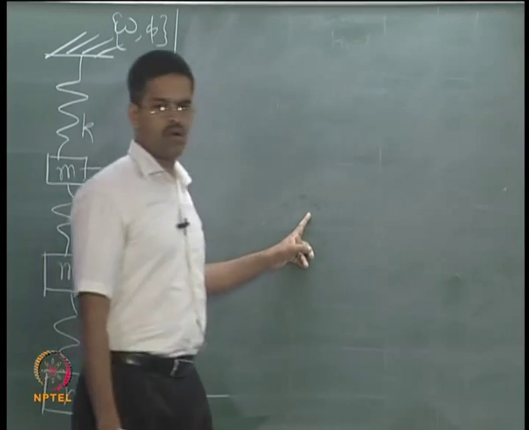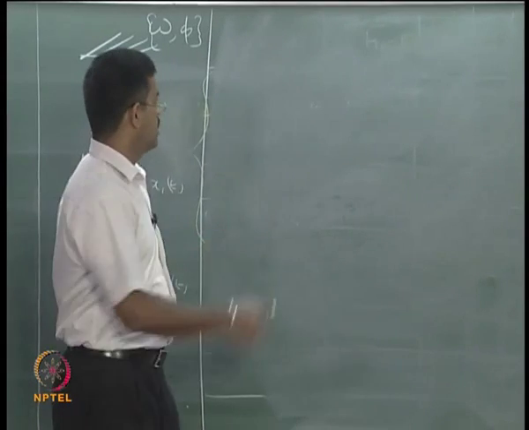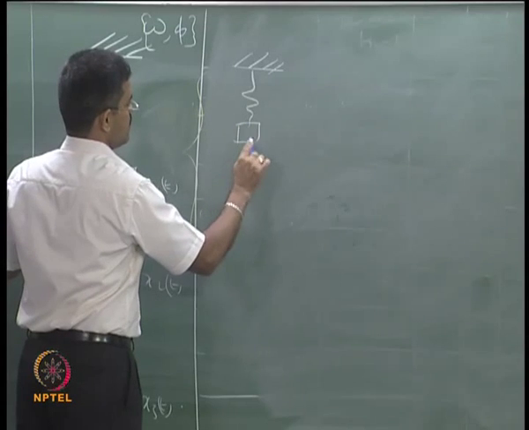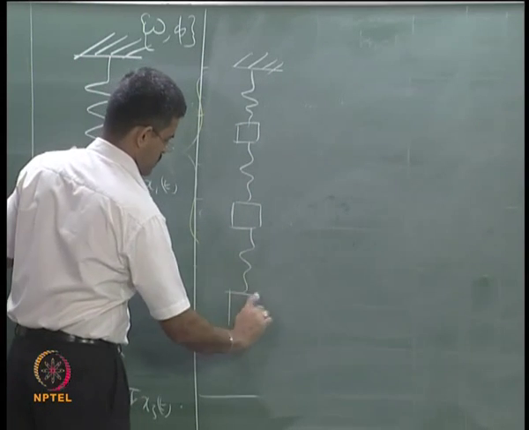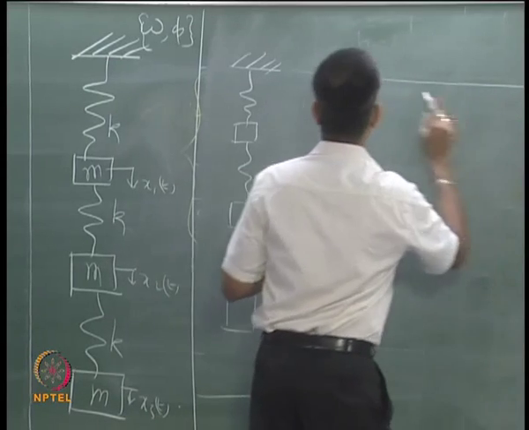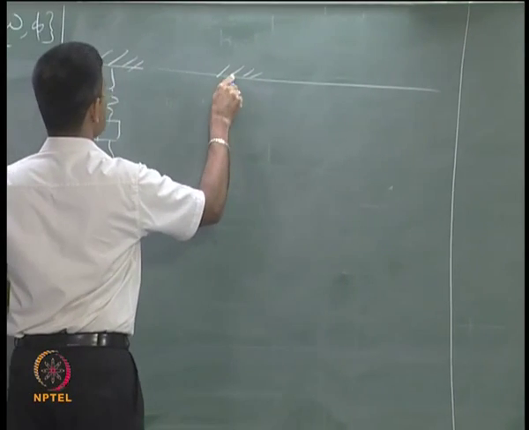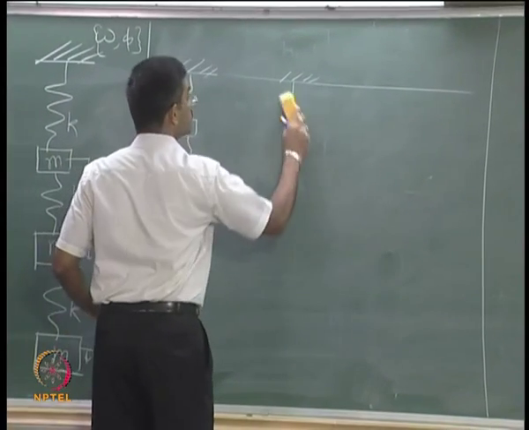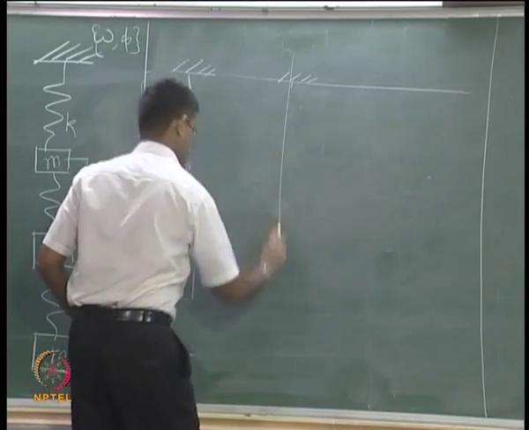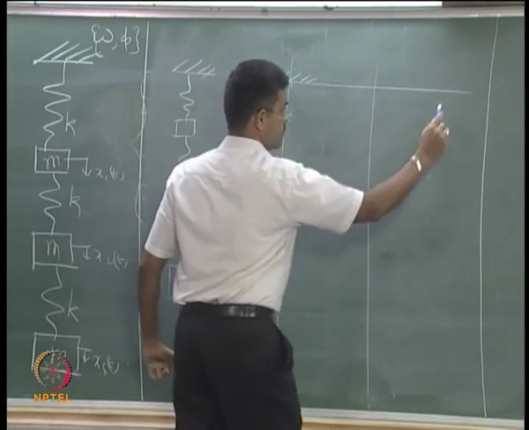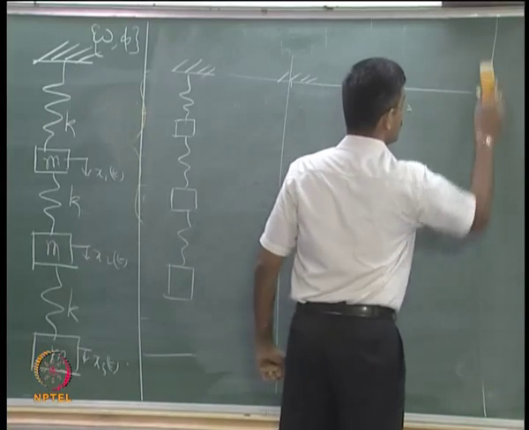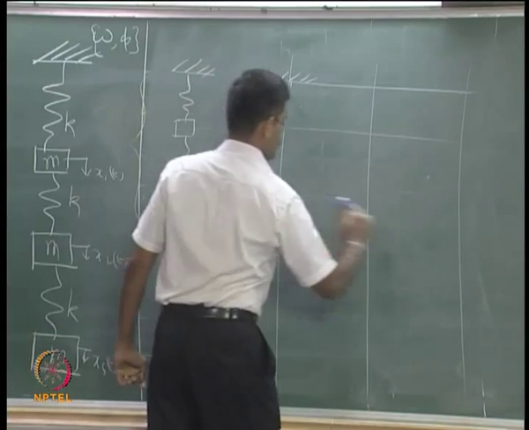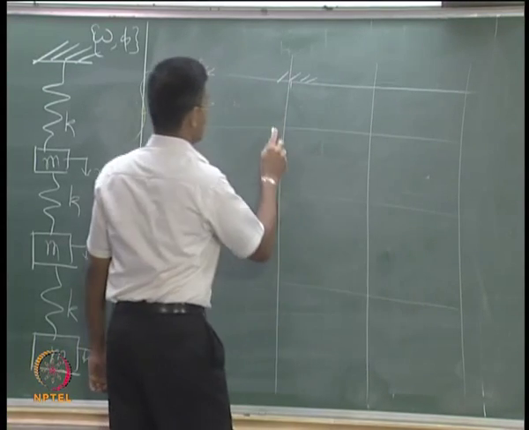So, you see how we are deriving the influence coefficient matrix for this. I am drawing the same figure back again here, 3 times. So let me put the mass points here.